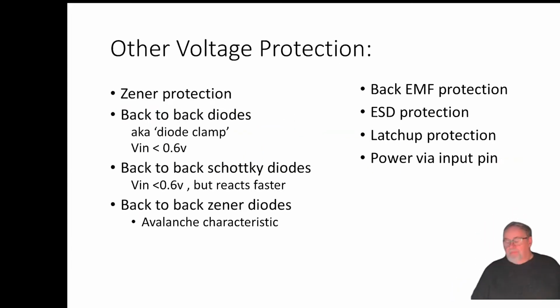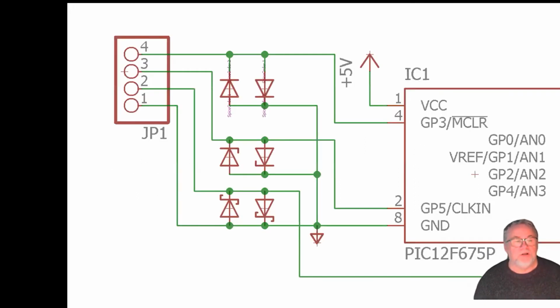Other ways that we have to protect against voltages. Back-to-back diodes is a great protection for an input circuit. You'll see this a lot. Let's have a quick look. If I put two diodes back to back, that looks like a short circuit until you remember that diodes don't actually conduct until there's about 0.6, 0.7 of a volt across them.